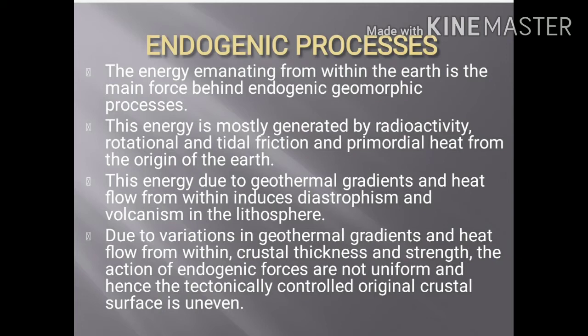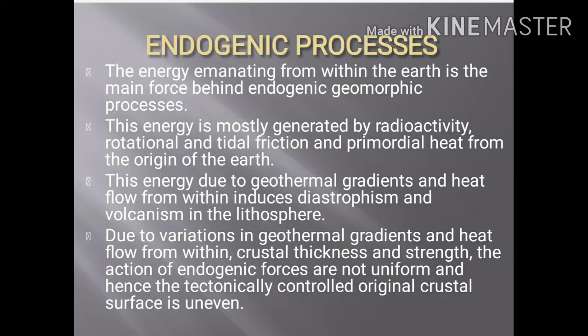So basically, endogenic processes originate from the interior of the earth, and these forces are responsible for various types of geomorphic processes. And this energy which generates endogenic forces is generated by radioactive elements, rotational factors, tidal friction and primordial heat.